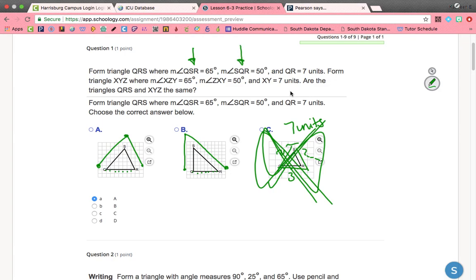So let's do this one, SQR. Let's see if I can switch colors so it's not so confusing. Okay, is one of those definitely not 50 degrees? This one, SQR is not 50 degrees in that one. It's like 90-ish. So we know it's not B, which eliminates 2 out of the 3, which gives us the answer of A.